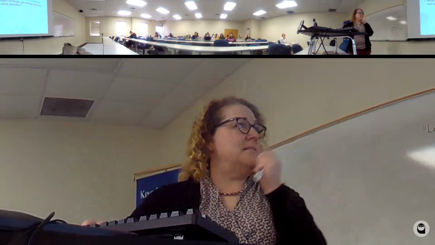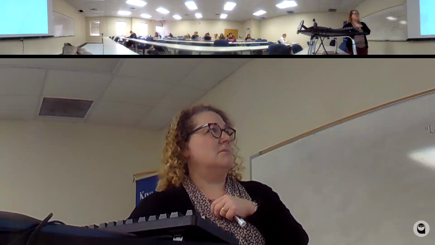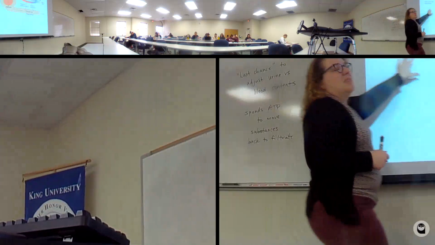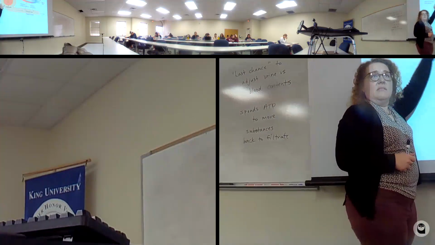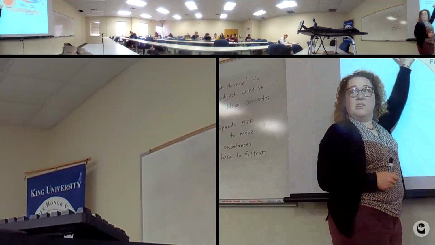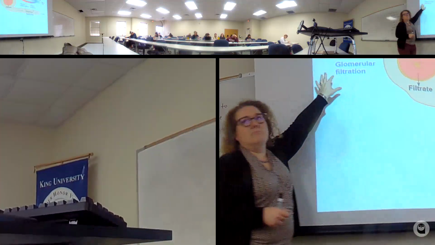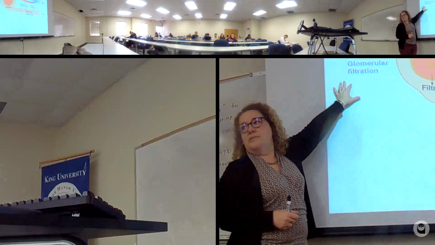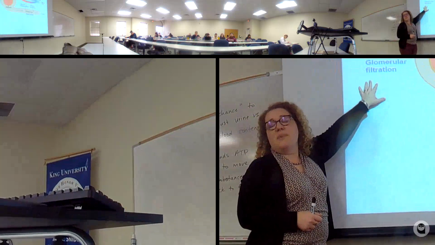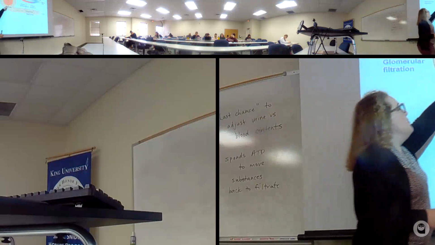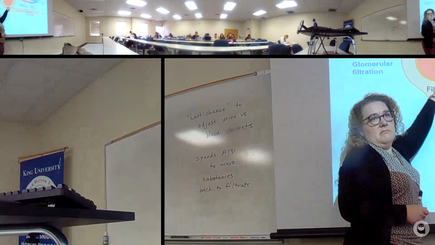So let's go back to this overall cartoon right here. We didn't write that much on this page, but now that we've gone through the steps, you can use this page to make notes about each step, like glomerular filtration. This is powered by blood pressure. It's moving blood to filtrate.